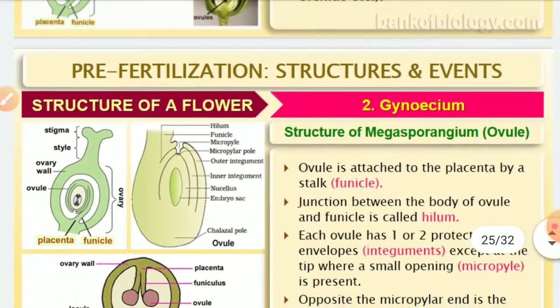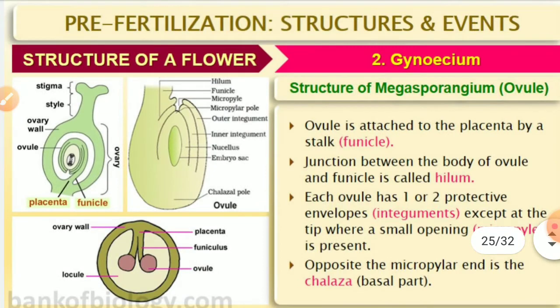Now we are going to see in detail the structure of the megasporangium, or the ovule. The ovule is attached to the placenta by a stalk known as the funicle.